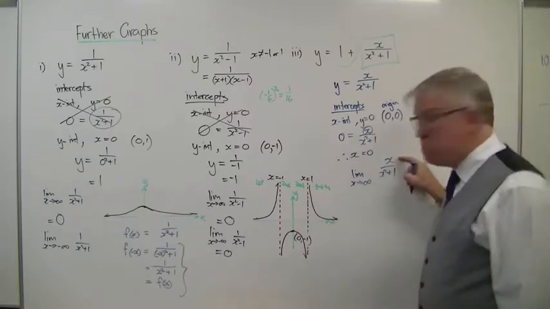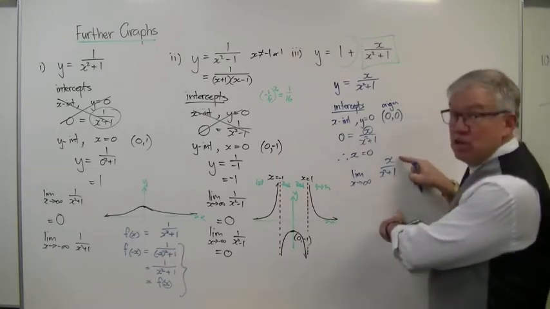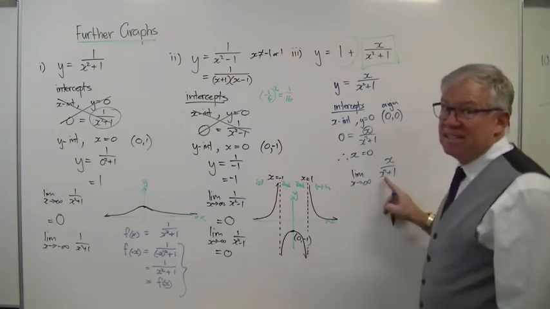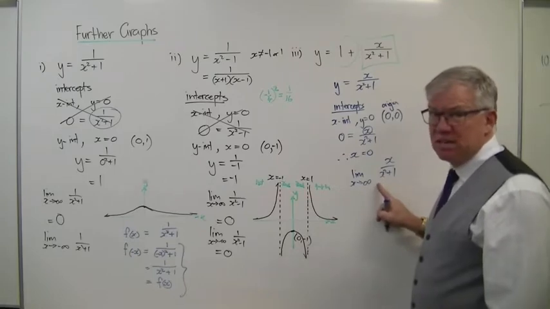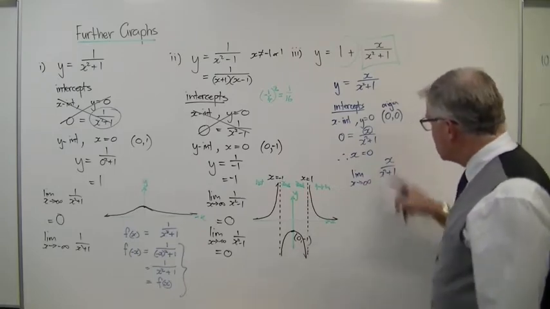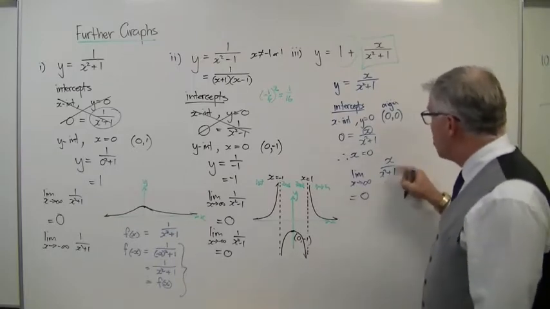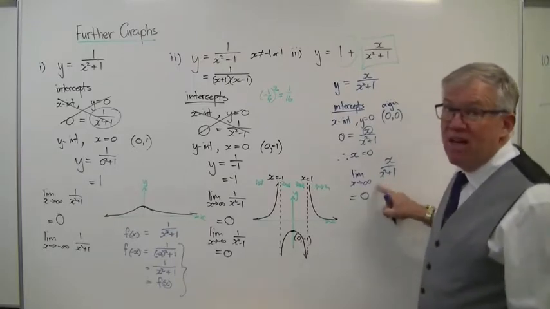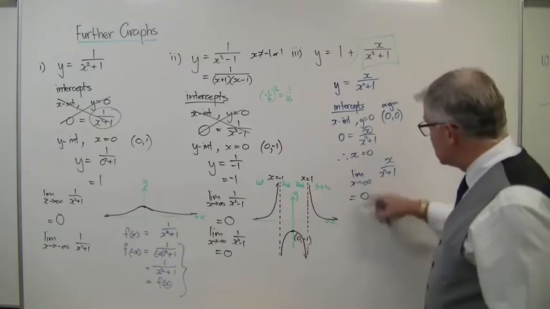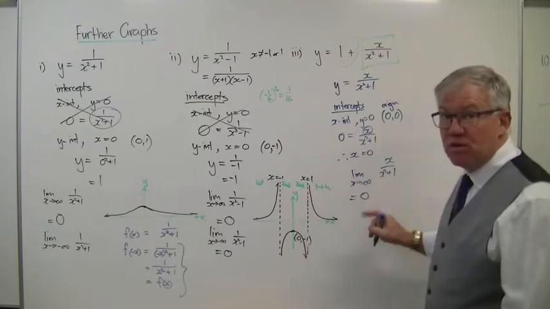Well, x is getting very big in the numerator, but in the denominator it's getting very big much, much faster because it's a squared term. So this whole thing will have a limit of 0. It'll be a large number over an extremely large number, and the extremely large number wins out, so it's going to have a limit of 0.